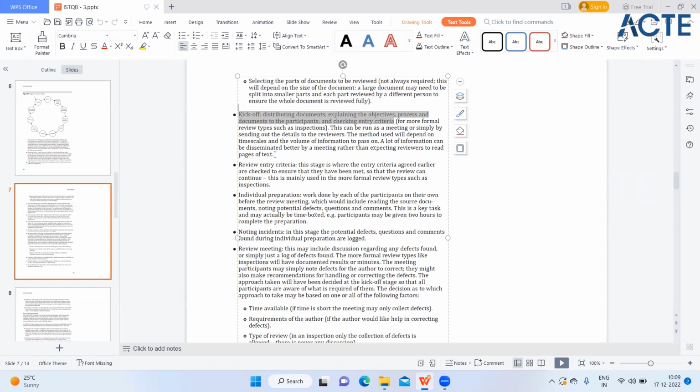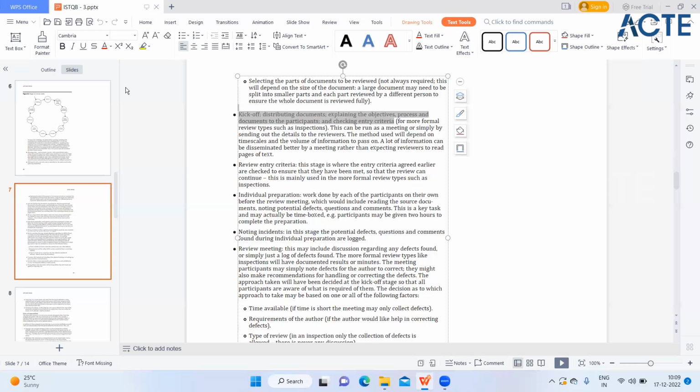So we are conducting it as a virtual meeting. Or if the author is not allowed to conduct the meeting, then they will send a mail to review these documents and provide your comments in the same email. So that will depend on the author or the main person who is doing this kickoff. So this is the kickoff stage.